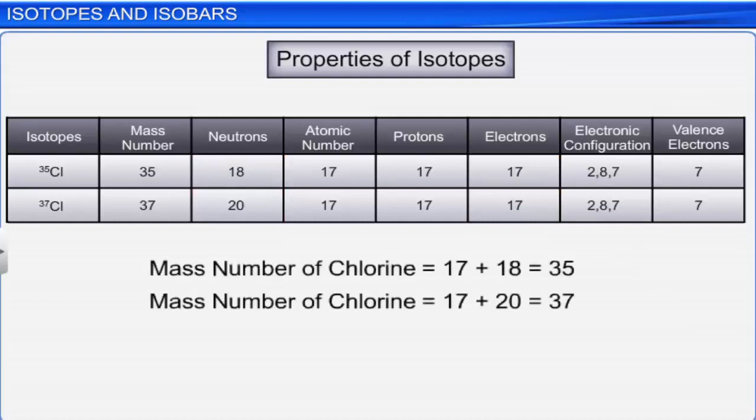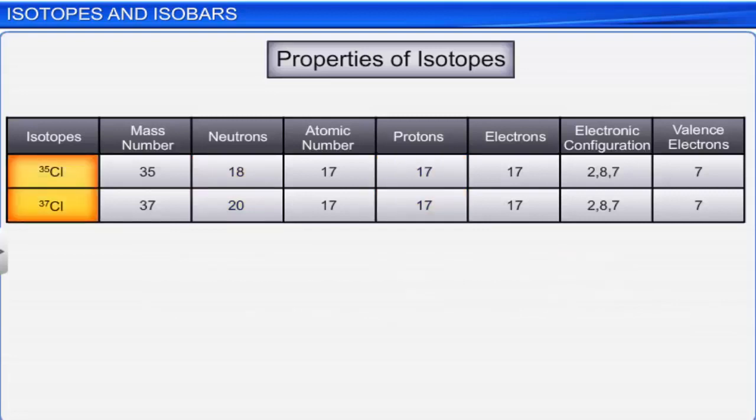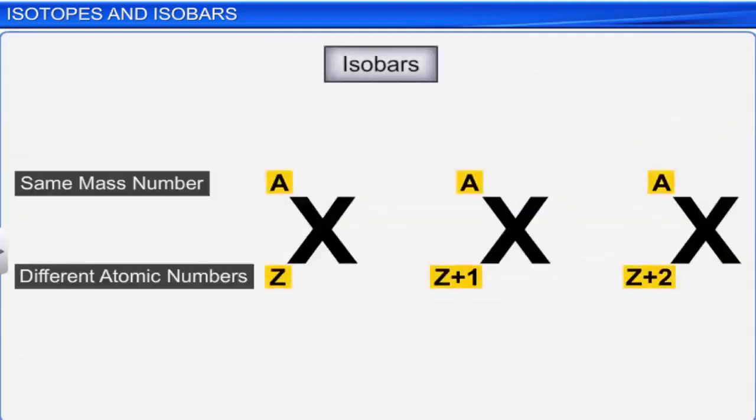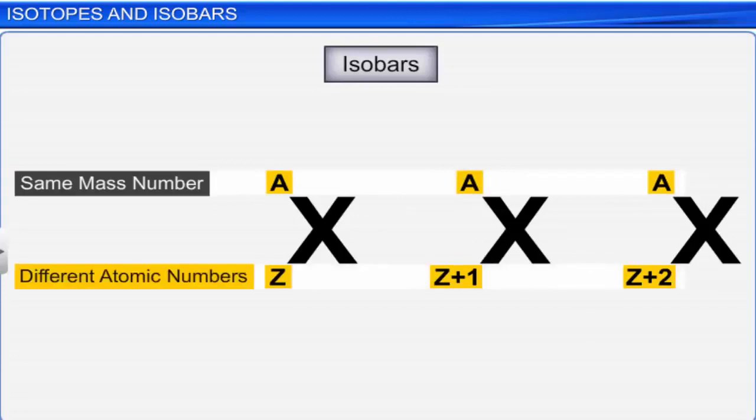However, as the mass of isotopes differ due to the different numbers of neutrons present in an atom, their physical properties differ from each other. Some atoms of different elements are found to have the same mass number but different atomic numbers.